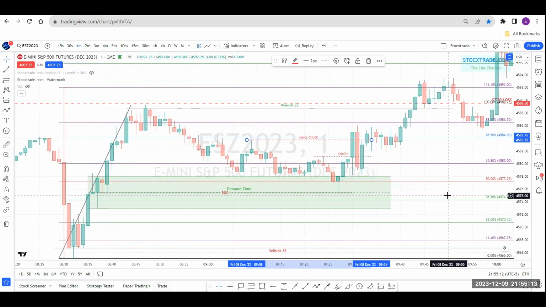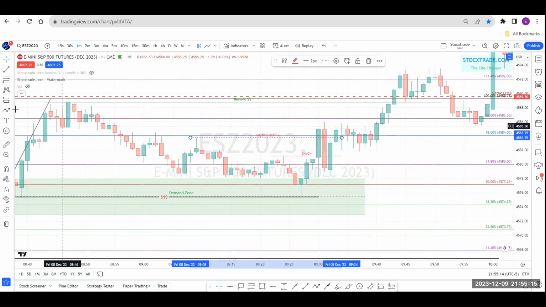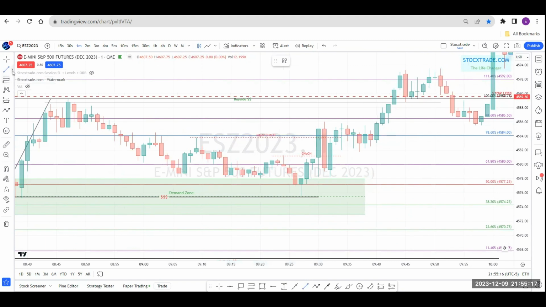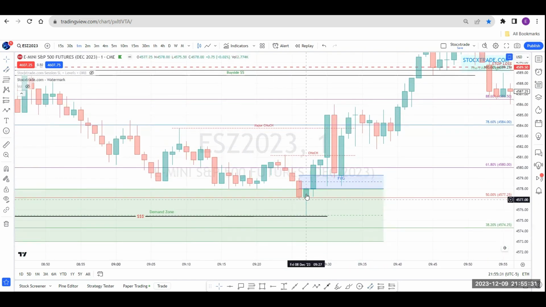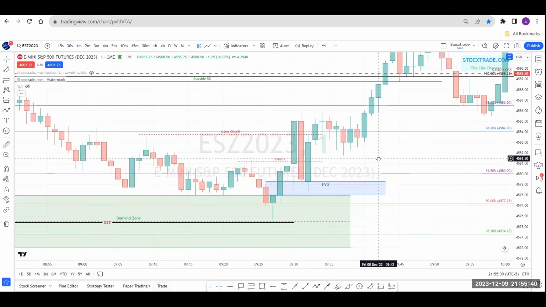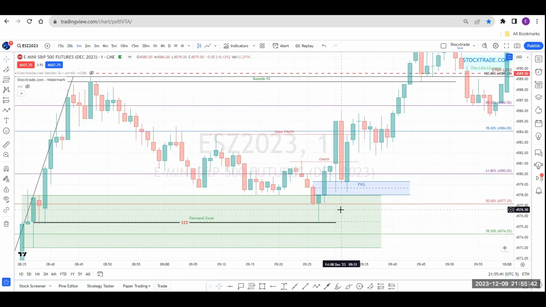And once the price is coming down, you miss the first trade, you miss the 9:30 candle, you have this gap. Fair value gap? Yes, sir. First candle, second candle, third candle. There's no overlap between the first and third candle. So you have a gap, just above the demand zone.